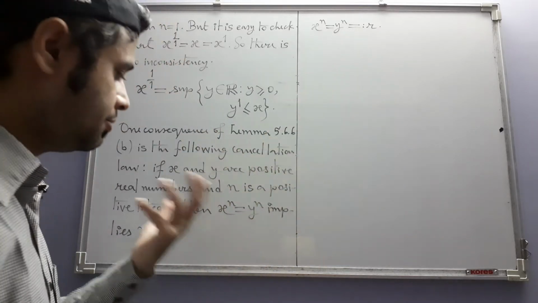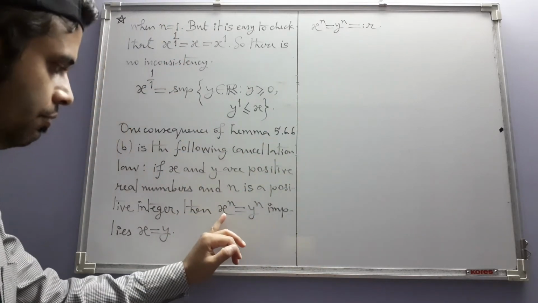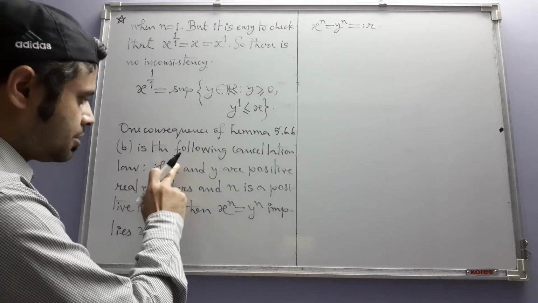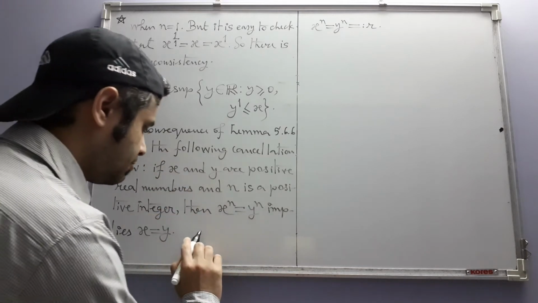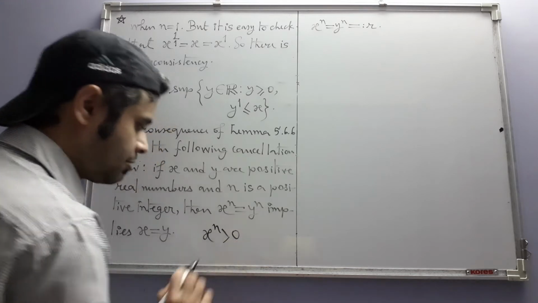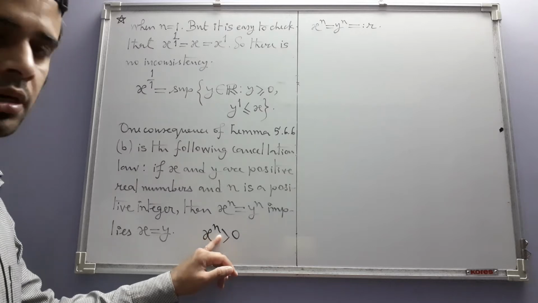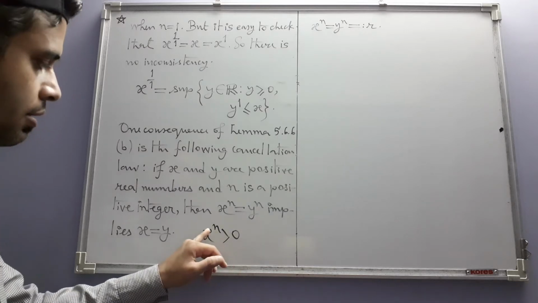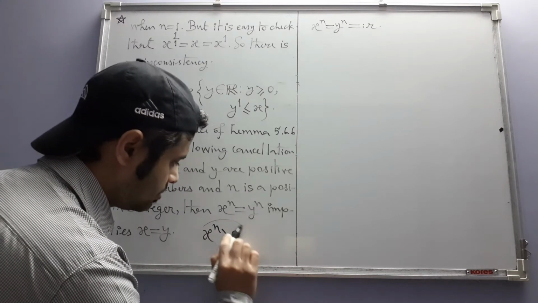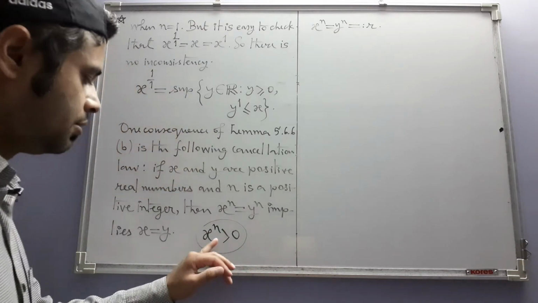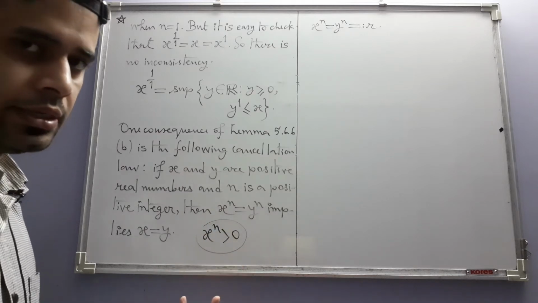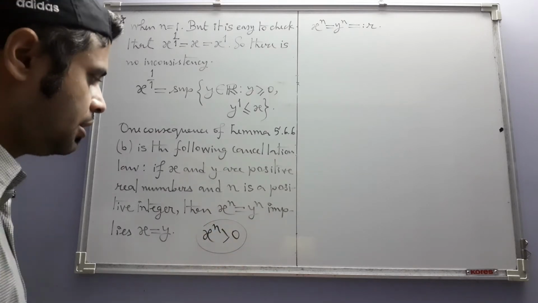but before we do these things, we need to show one more thing. Since x is positive, x to the power n is also positive for every natural number n. In fact, every positive integer n, and this fact can be proved by induction on n very easily. You can almost see that.